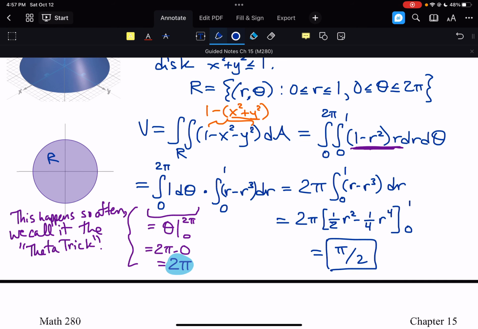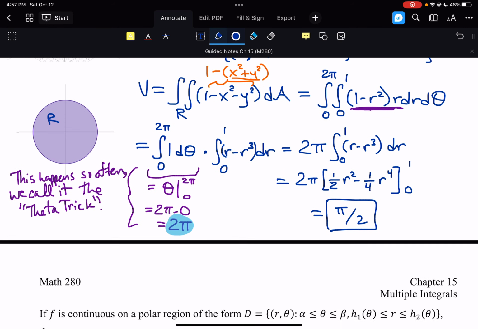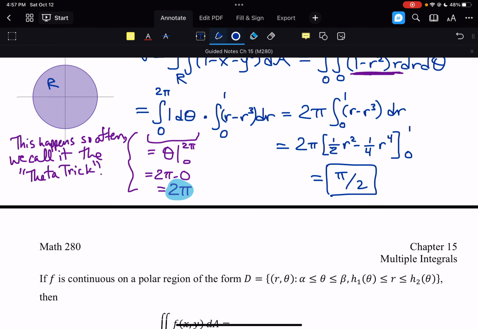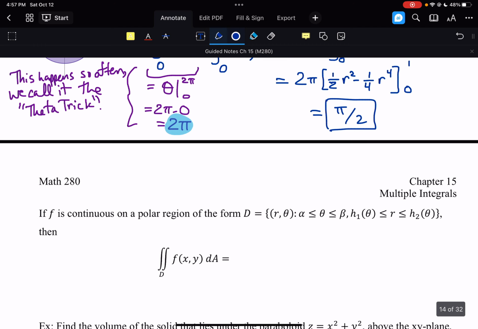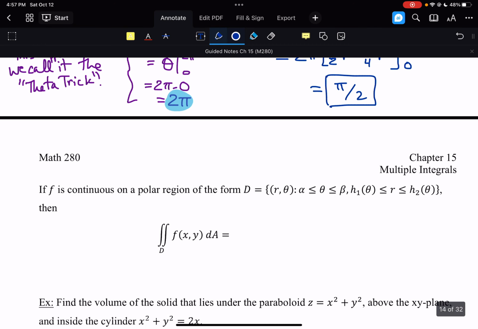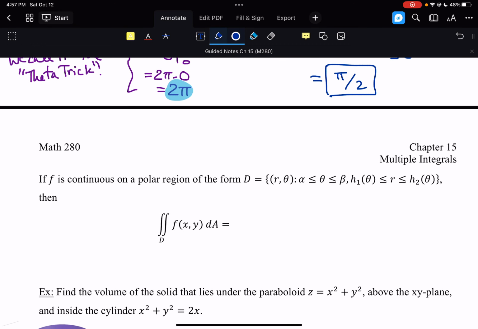So all of these polar regions we've looked at so far, we've called them polar rectangles because they all have constant bounds and they all behave like rectangles do in rectangular coordinates. What we're going to look at next is what happens when you don't have all constant bounds for a polar region.